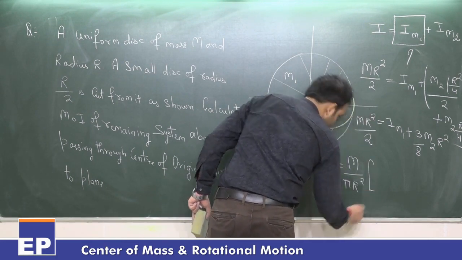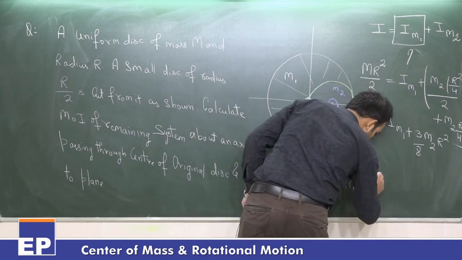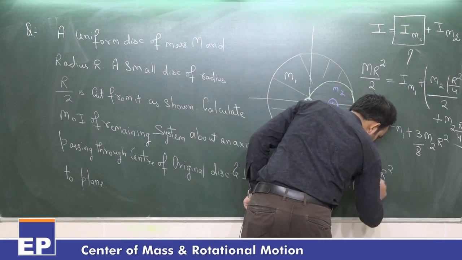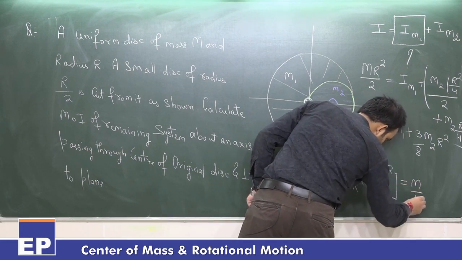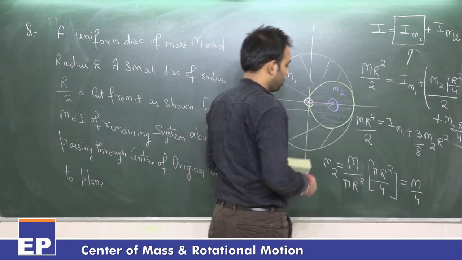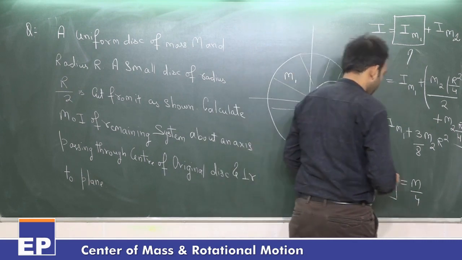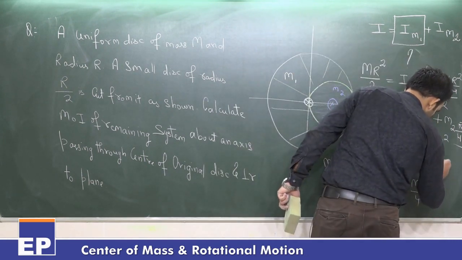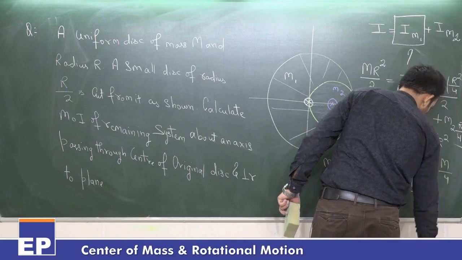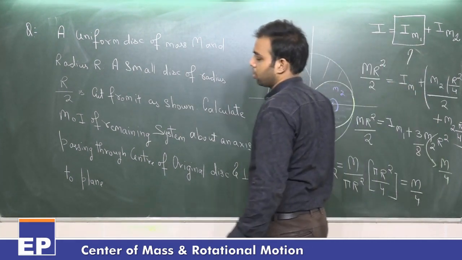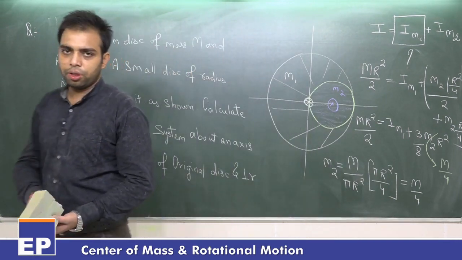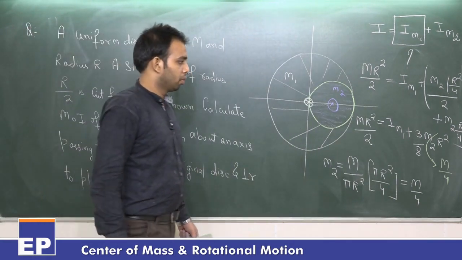What is the area of that? Pi into r by 2 whole square, r square by 4. That is m by 4. If we put the value, m2 is m by 4, so you can solve it to calculate the value of moment of inertia for m1 using this. Is it clear?